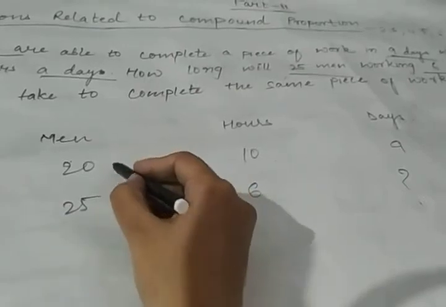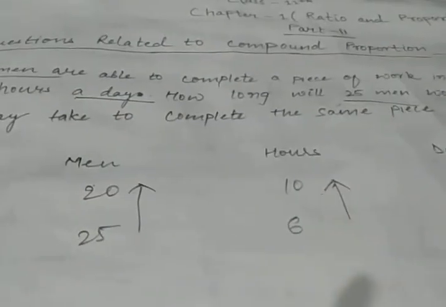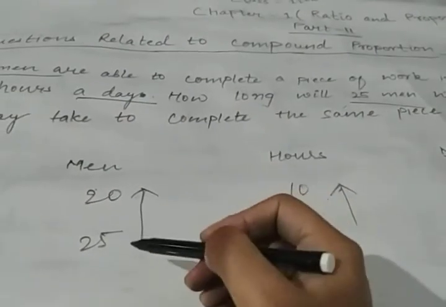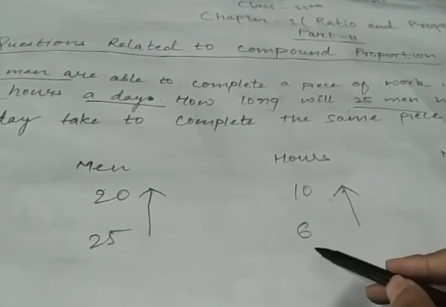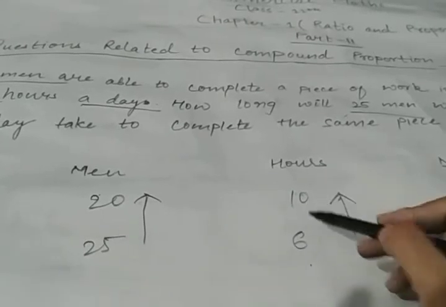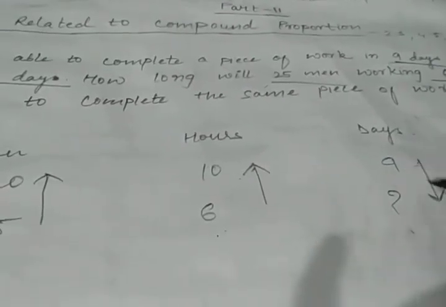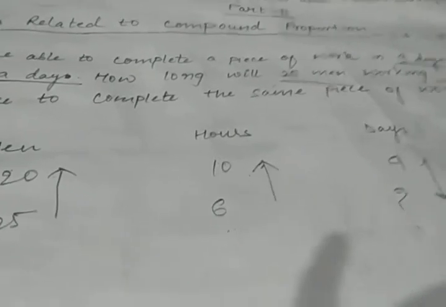That is inverse proportion. As the number of men increases and the number of hours decreases from 10 to 6, the number of days will increase.